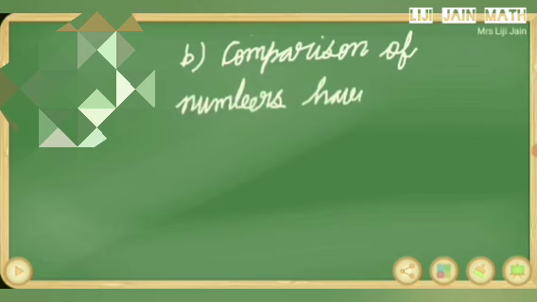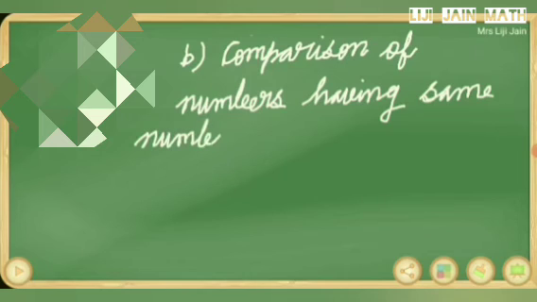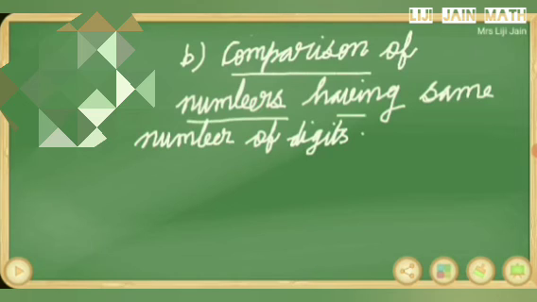Please write neatly. Comparison of numbers having same number of digits. Shall we start writing? Yes, now we are going to compare numbers having same number of digits, isn't it?